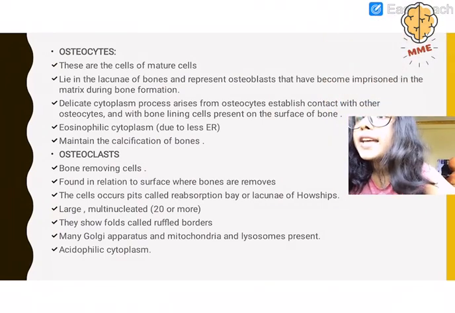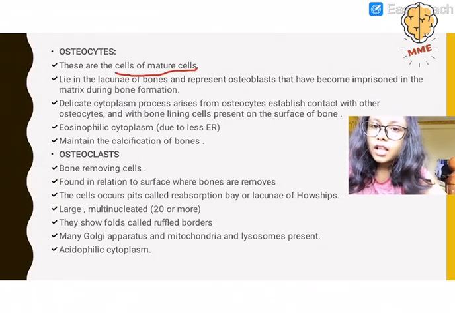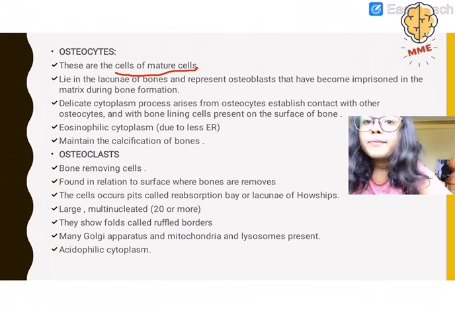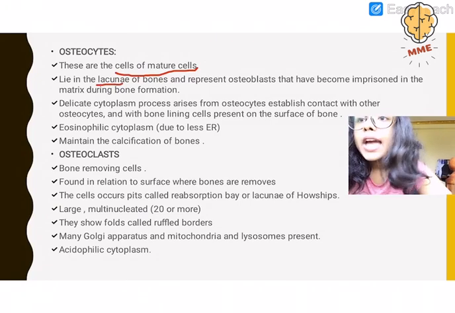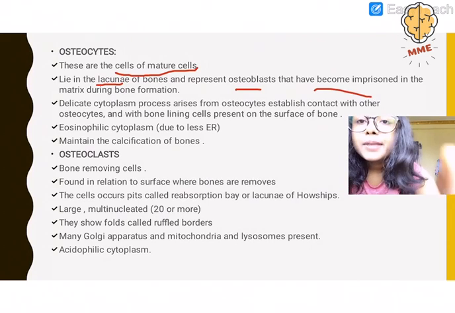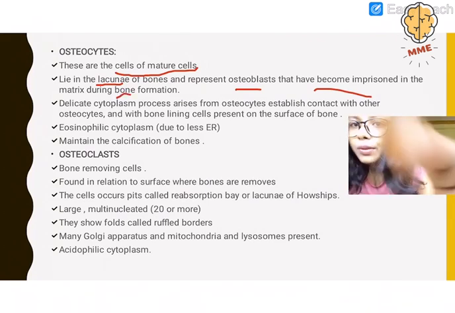Okay, now coming to osteocytes. The osteocytes are the cells of the mature osteoblast. These are the mature osteoblasts which have been differentiated. Now they will lie in the lacunae of the bones, and they represent osteoblasts that have become imprisoned, meaning they cannot go anywhere else now, in the matrix during the bone formation.